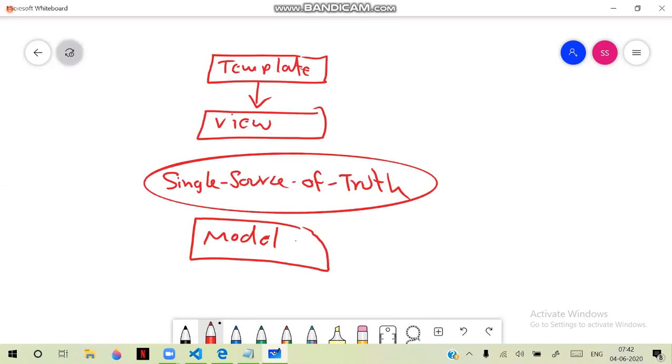In architectural terminology, single source of truth means the model contains the information. Before the change and after the change, it tracks everything: how it was before changing and what it is after changing. It contains all the metadata, all the information about the data changes.